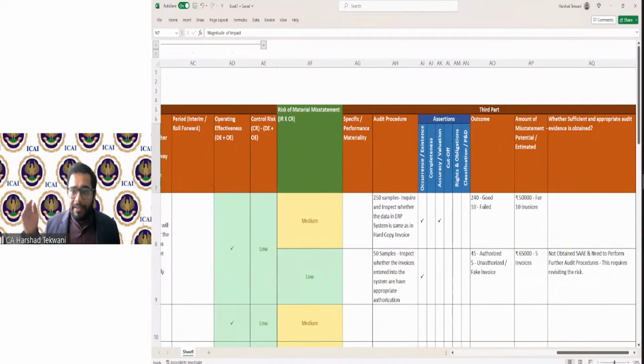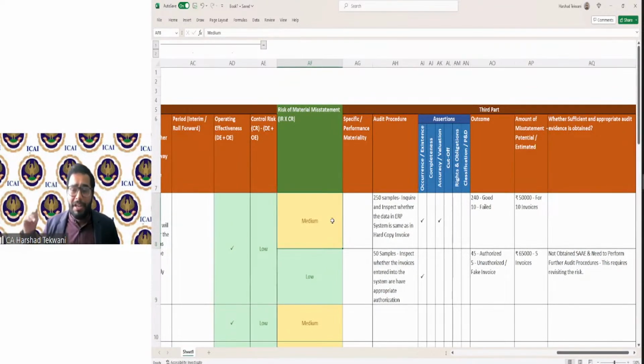if your combined risk is higher, you need to keep your detection risk very low. If the risk of material misstatement is higher, I need to keep audit risk at an acceptably low level.